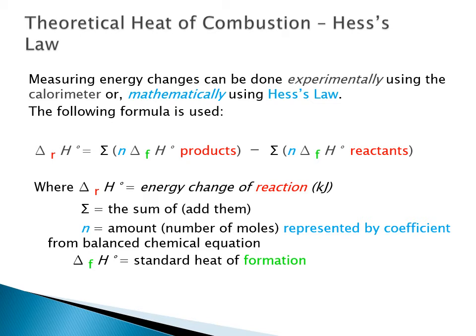And all we're doing is going products minus reactants. And if we see this little symbol, if people haven't taken this in math class yet or don't remember it, this little symbol right here is going to be the sum of everything in the products minus the sum of everything in the reactants. Perfect. And then n, as always, is the number of moles in our chemical equation. ΔH_f is going to be the standard heat of formation, going back to that table I showed you earlier, and we're going to come back to that now.